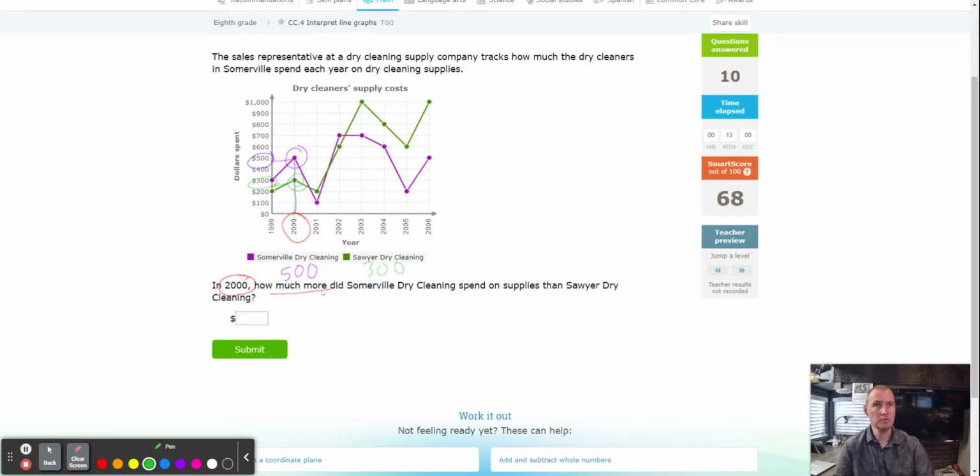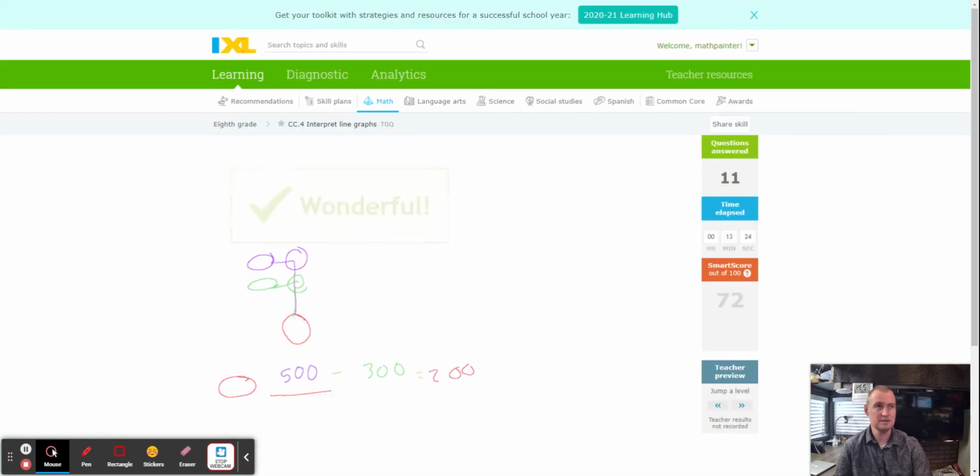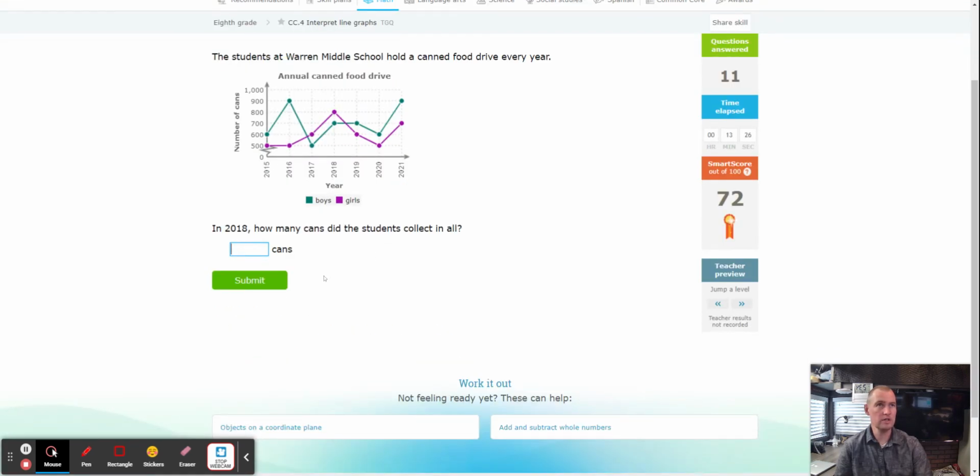Because we're looking at how much more did Somerville spend on supplies than Sawyer, we're going to go ahead and just subtract the two to find the difference. So much more means what's the difference? So 500 minus 300 is equal to 200. So our final cost difference is 200 bucks. All right, SMART score is 72.